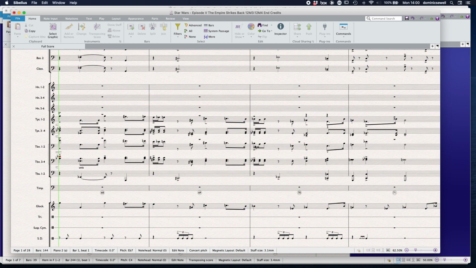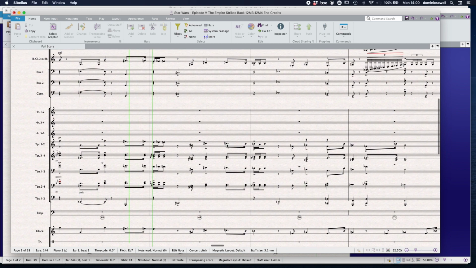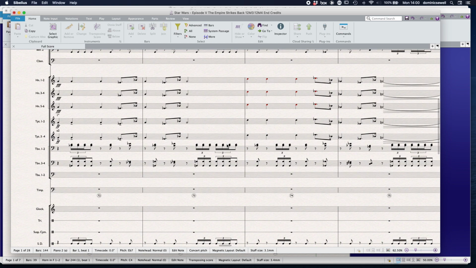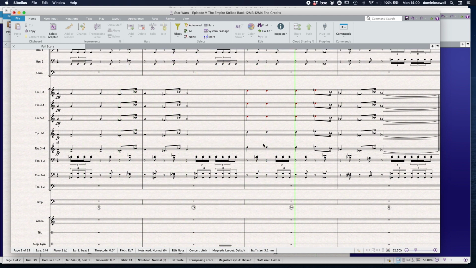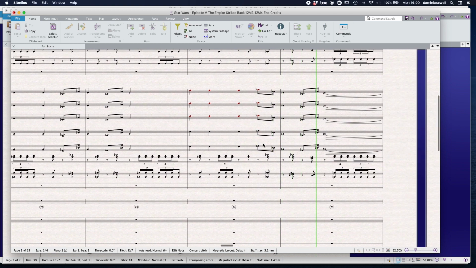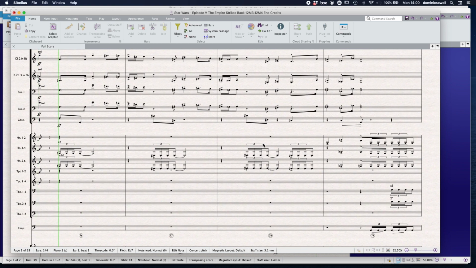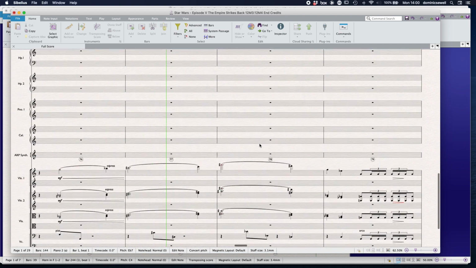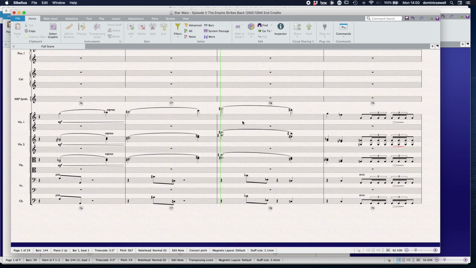No horns in this. Because that's why. Nice little additional theme now in the violins.